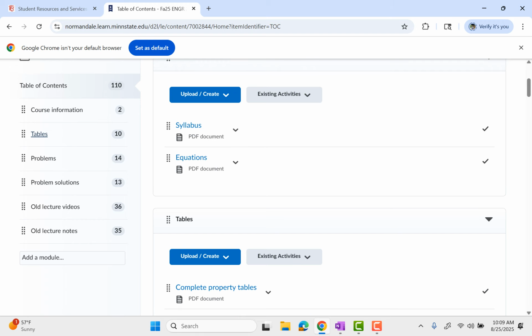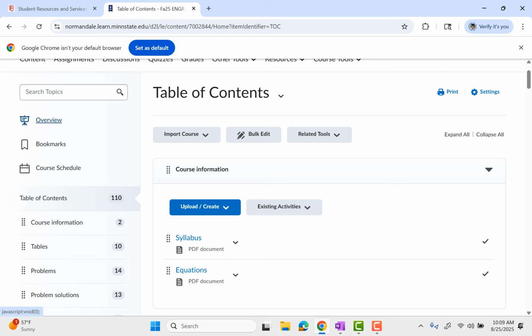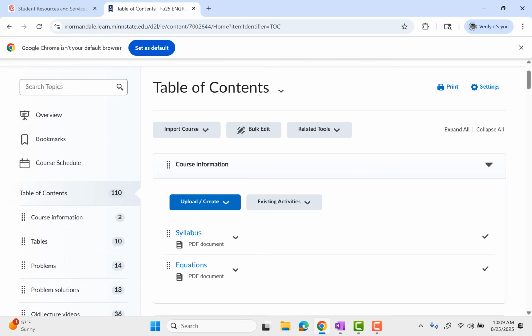Anybody have any questions about these resources and content? What about the book? Yeah, so there is no book required for this or any of my classes.